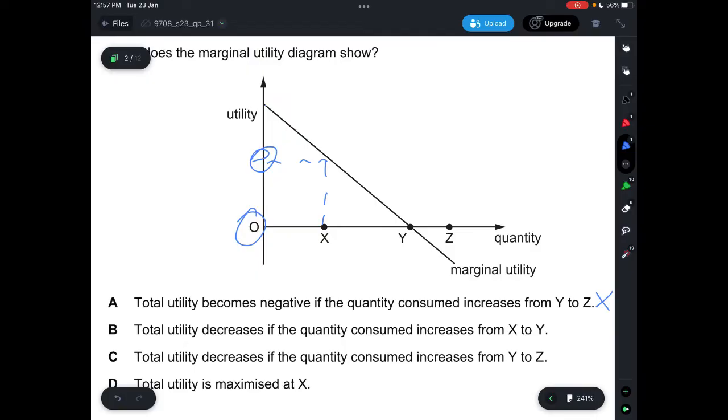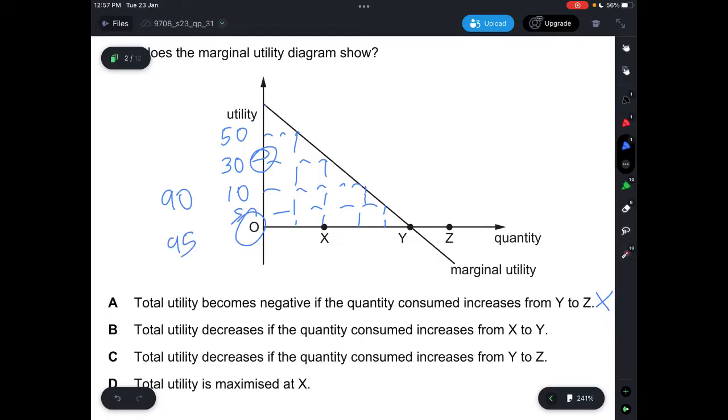So you can see here, let's say I take some random numbers. Let's say the utility here is 50. If I consume quantity X, my marginal utility would be 30. Say I take a quantity to the right of X, let's say it's 10. If I add it up together, I'll get 90. If I consume something more than this line, let's say it's 5, then I'll get a total of 95.